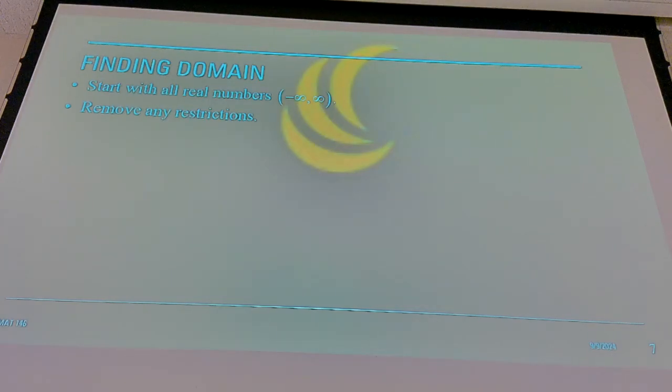First one has to do with if you see a fraction. What are you not allowed to divide by? Zero. So if you see a fraction, your denominator cannot be 0.